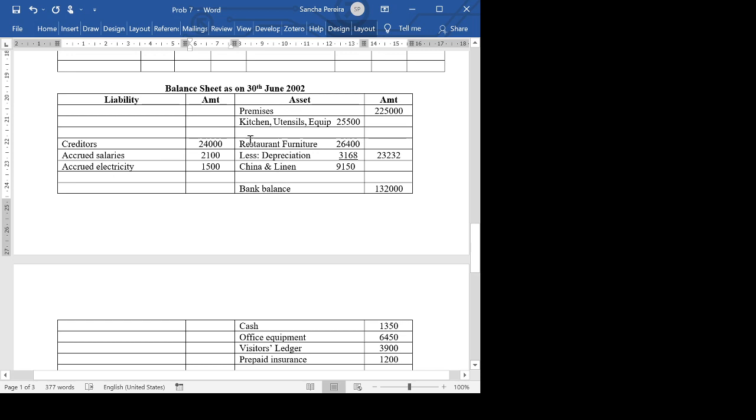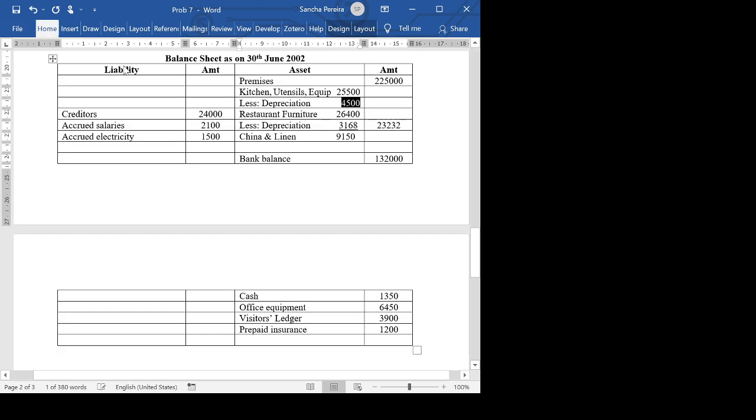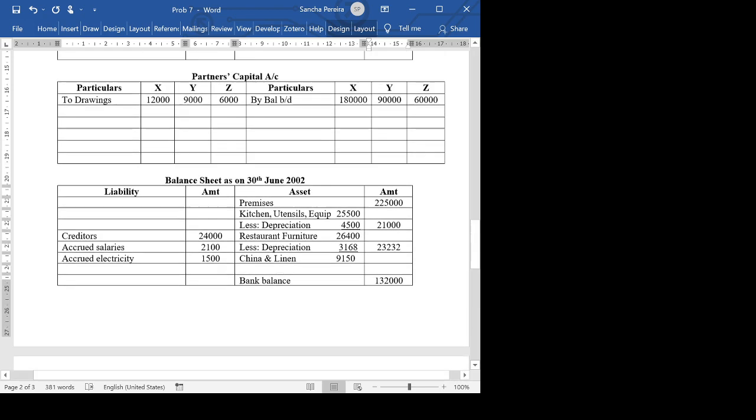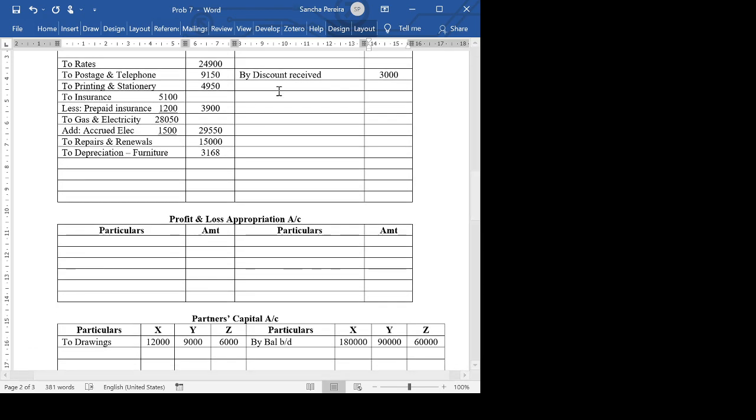So less depreciation 4,500. That comes to 25,500 minus 4,500, which is 21,000. We need to show this in the profit and loss account as depreciation on kitchen utensils and equipment, 4,500.